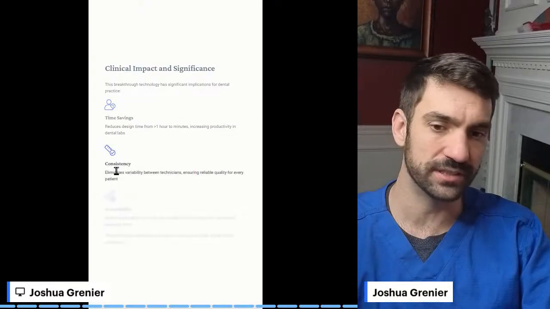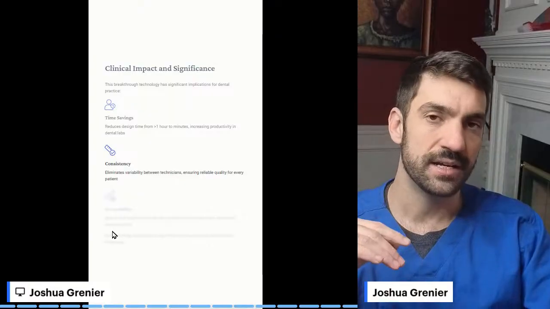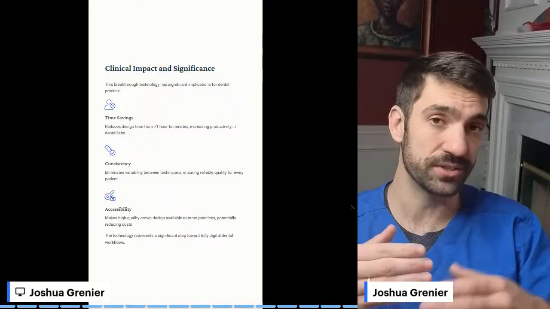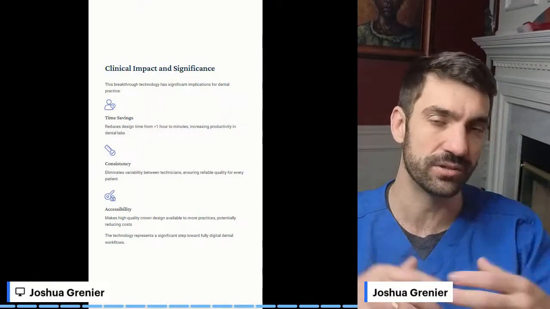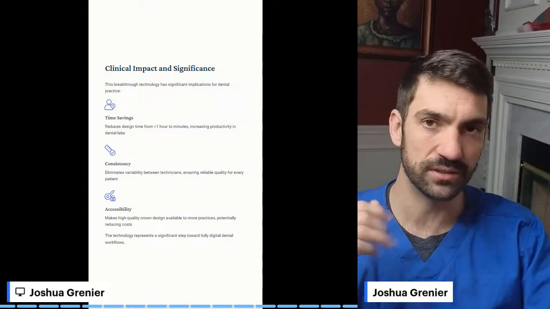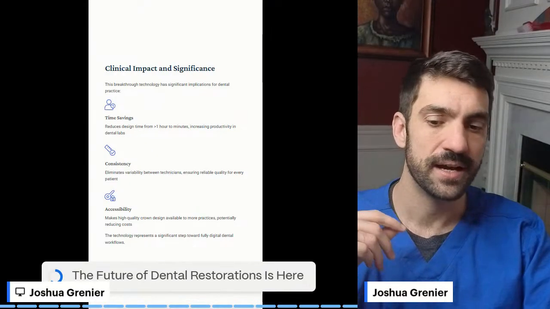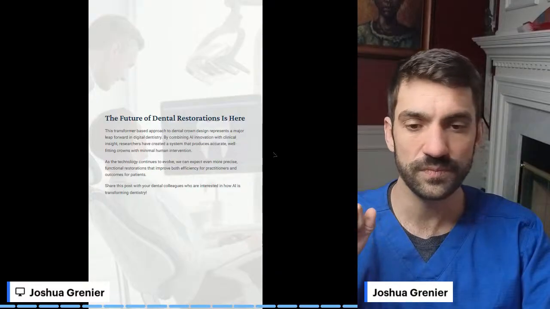Obviously, not only is it going to save time, it's going to make it consistent, and it could also be used, I should add, to not just do crowns, where potentially something that's incredibly time consuming, like a denture or an all-on-X hybrid, could be done very quickly, or a full mouth smile design, stuff like that. It could become much more efficient.